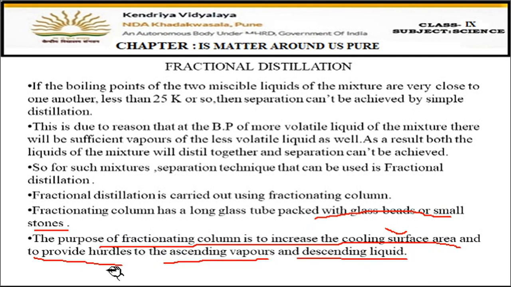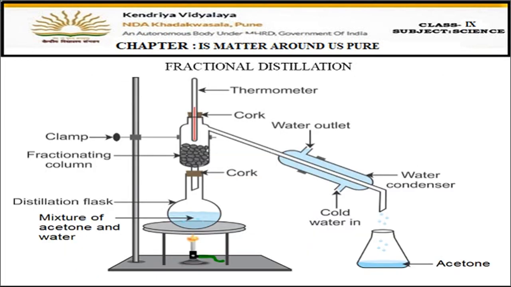It provides obstacles to the vapors going upward. So unnecessary vapors which were rising will strike the fractionating column and fall down again. Only those vapors required at that particular temperature will pass through the fractionating column.